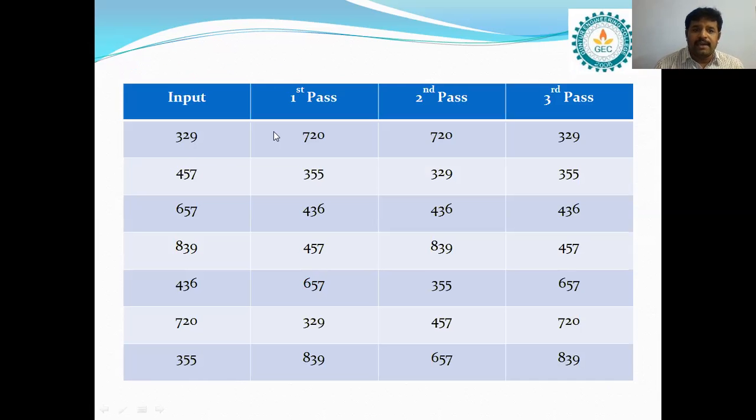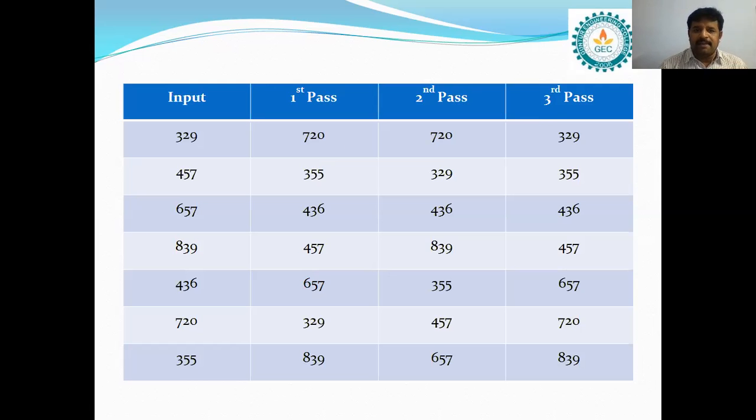That's why it takes 3 passes. If the number contains 4 digits, ones, tens, hundreds, and thousands, so we need a 4th pass also to sort all the elements. This is how we can sort out the elements by using the radix sort.